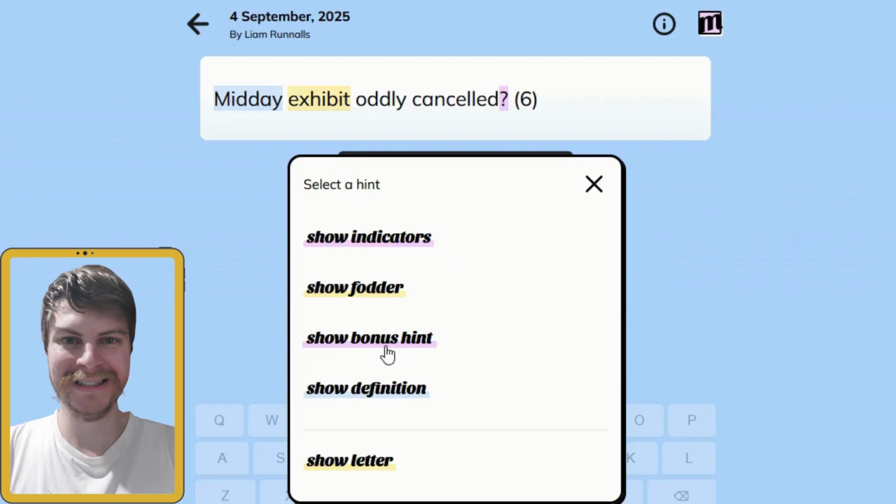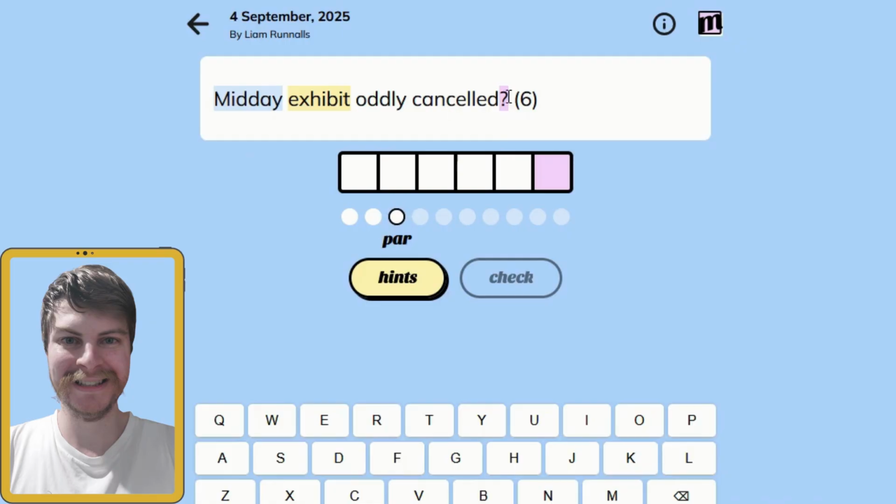Got the fodder, I've got the bonus hint. Should have checked the indicators. Do 1 over par, won't hurt me.